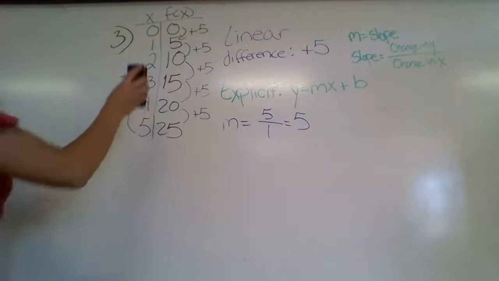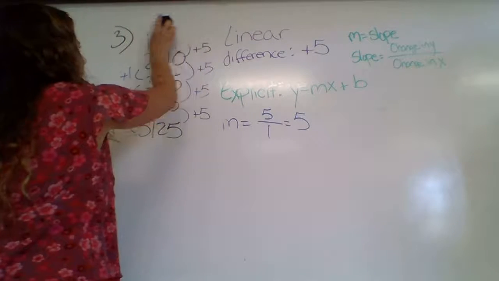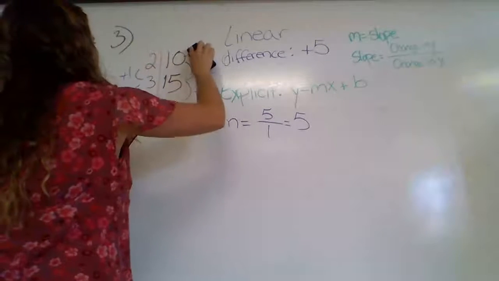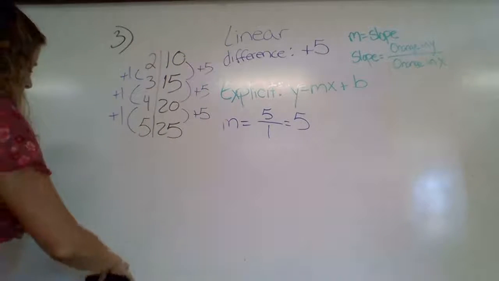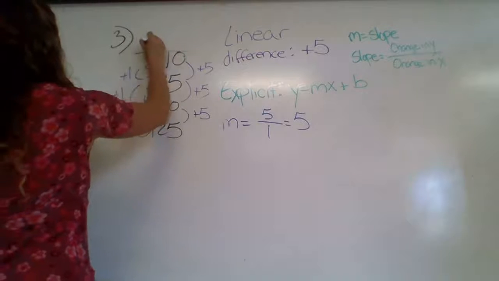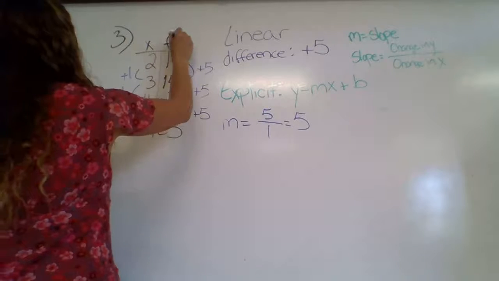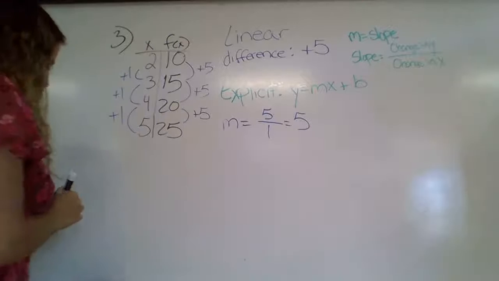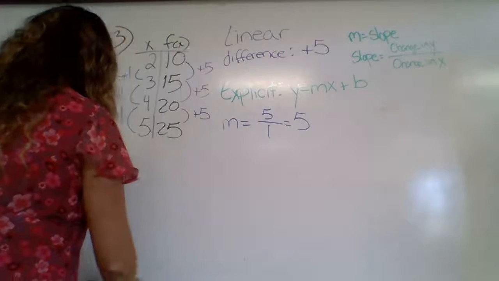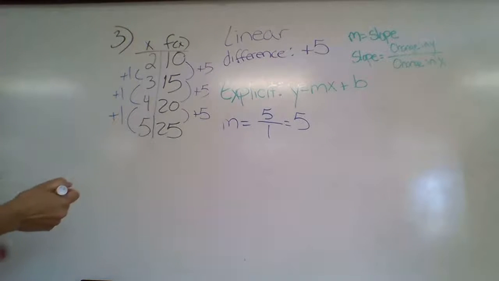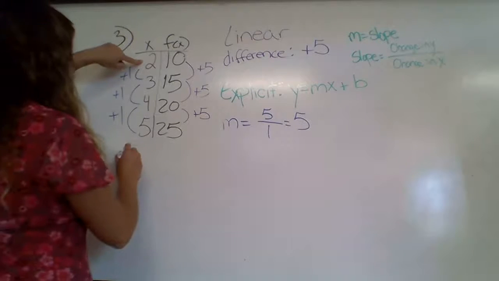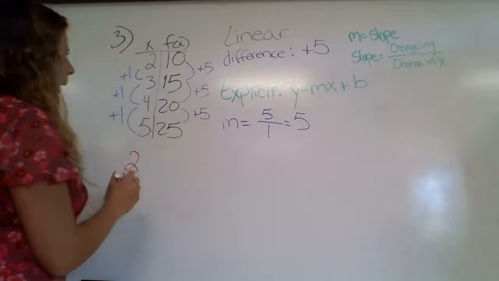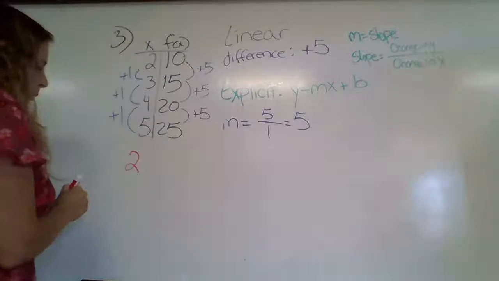We're going to erase that now, because now we're going to do it the way we did in class. I just like to start with my first x value, so I'm going to take my first x value, 2, multiply it by your slope, which is 5.